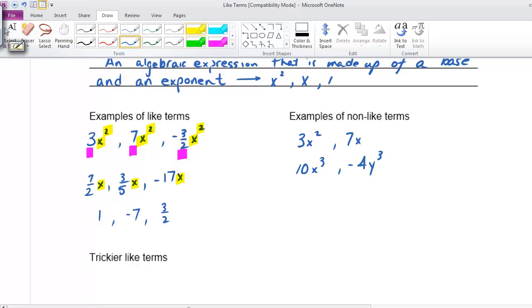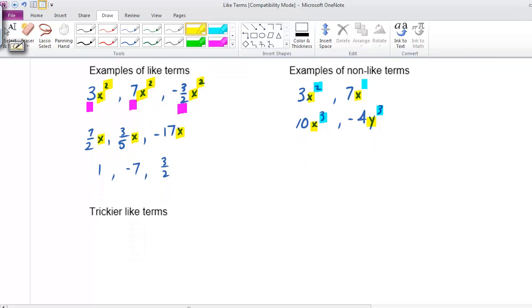So for instance, in our first example, we have the same base, but we have different exponents. In the second example, we have the same exponents, but we have different bases. And remember, the number just tells you how many you have. So here's our definition of like terms and non-like terms.